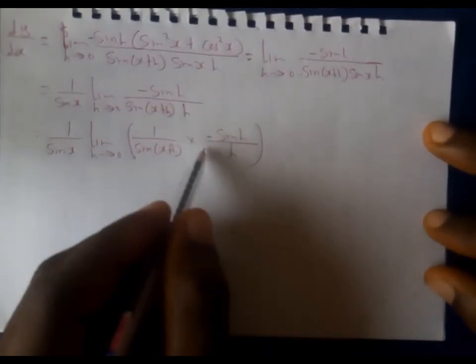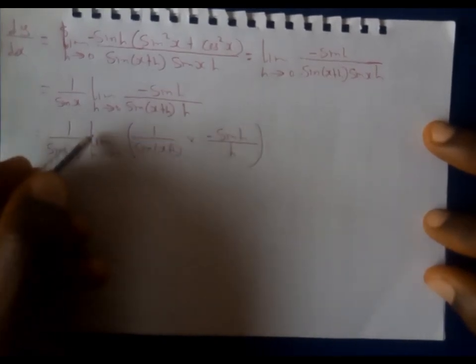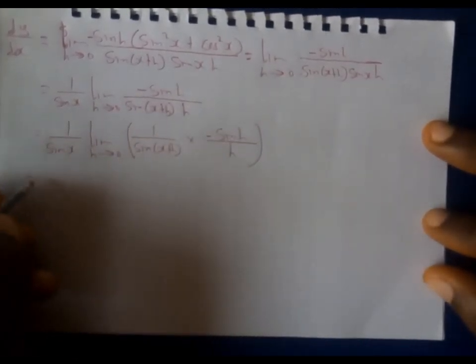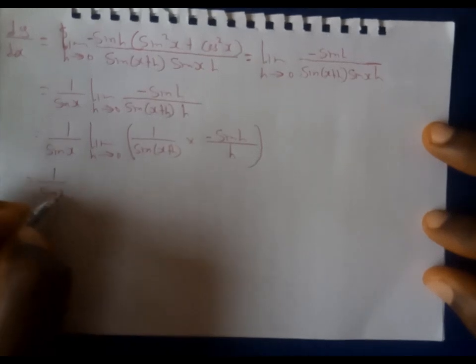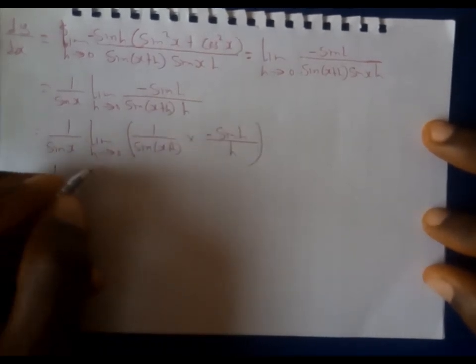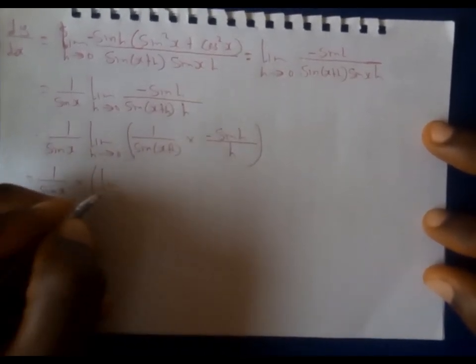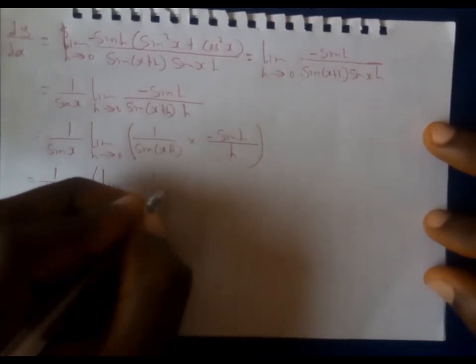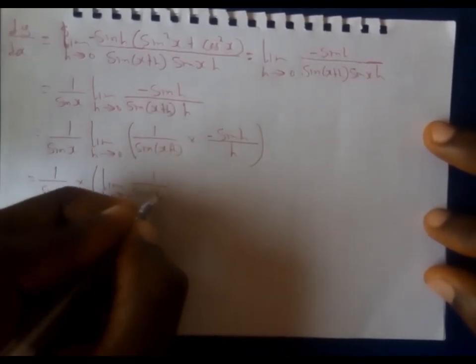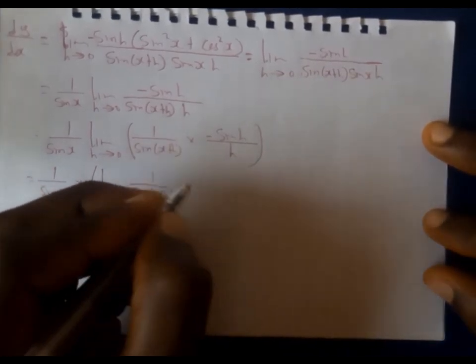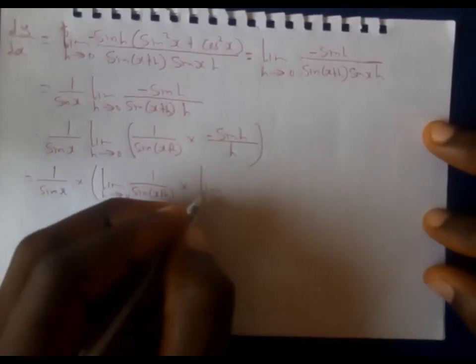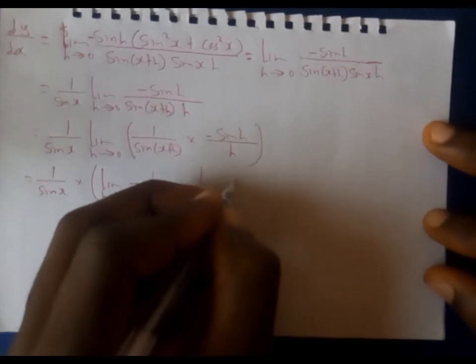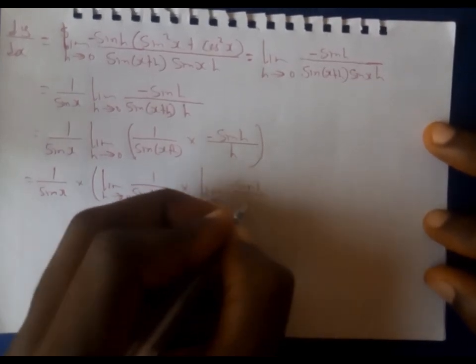Now since the limit of a product is the product of the limits, I can distribute the limit. So we have 1 over sine x, then multiply by the limit as h approaches 0 of 1 over sine x plus h, then multiply by the limit as h approaches 0 of negative sine h over h.